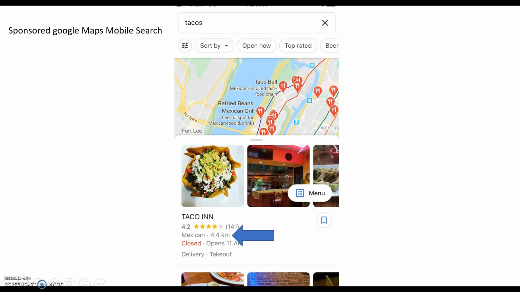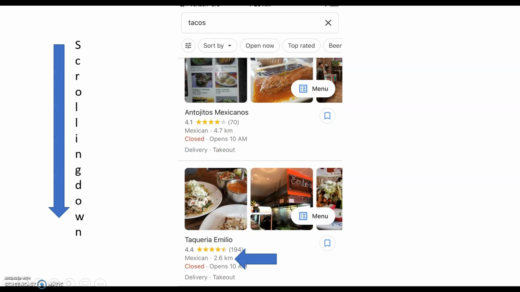Taco Inn is paid the most to Google Maps. And if I scroll down, this is the first one I see, but it's 4.4 kilometers away. But if I scroll down a little farther, 4 or 5 entries down, I find the closest one. Taqueria Emilio is only 2.6 kilometers from where I am.